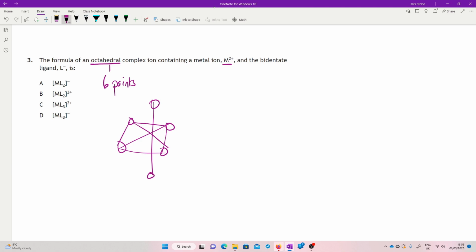It's got a metal ion in the centre, which is M2+. Okay, so this central point here is our M2+, and it tells you it's a bidentate ligand. So that means for me to get 6 points connected with a bidentate ligand, that's one that can connect at 2 points, I must have 3 times the ligand. Okay, now you've got to figure out your actual charge on this. So I've got 3 times the ligand, so that's 3 times -1, because it tells me the ligand is L-, so that equals -3.